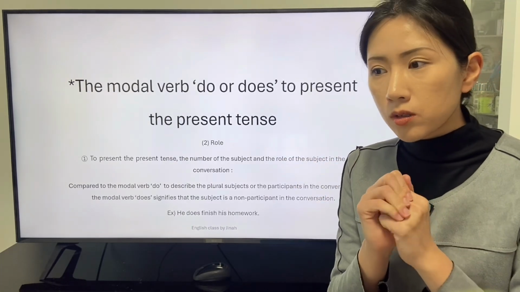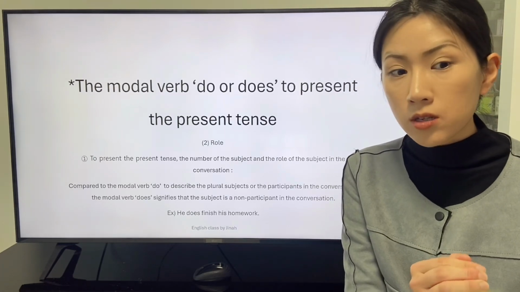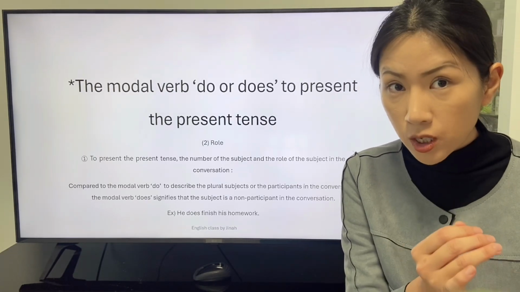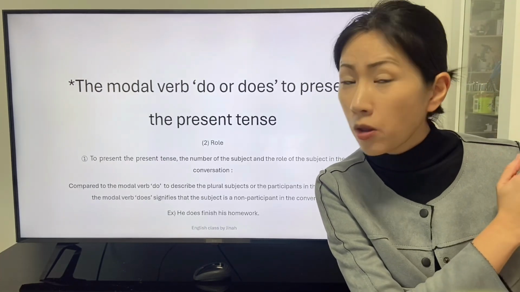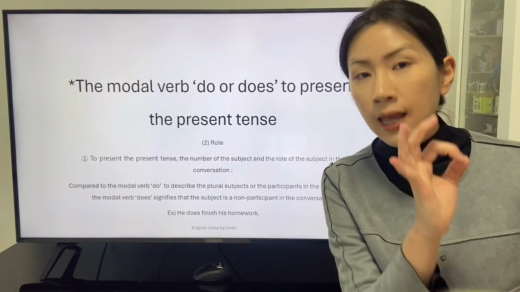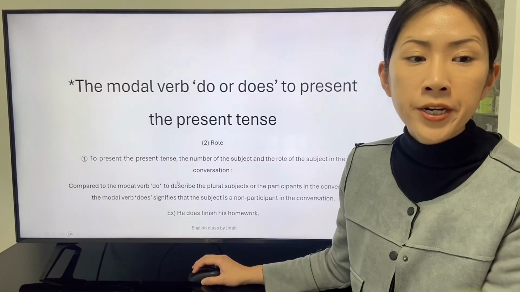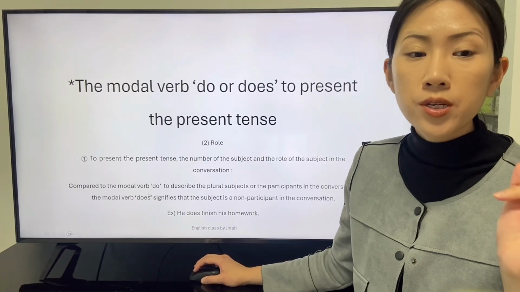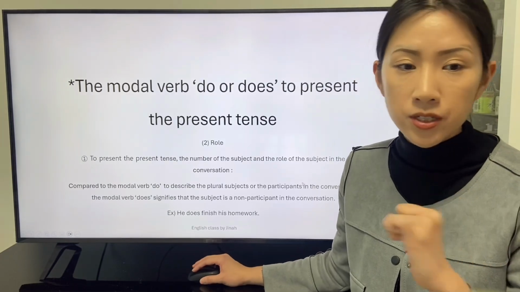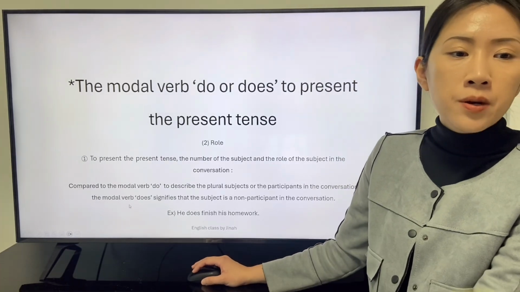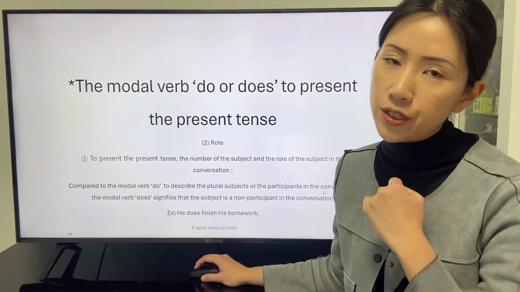So the speaker separates the modal verb does to reveal that the subject is singular and a non-participant in the conversation, and the verb finish, compared to the modal verb do, which describes the plural subjects or the participants in the conversation. The modal verb does signifies that the subject is a non-participant in the conversation.